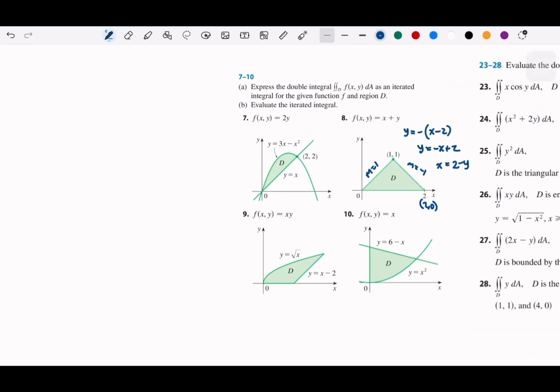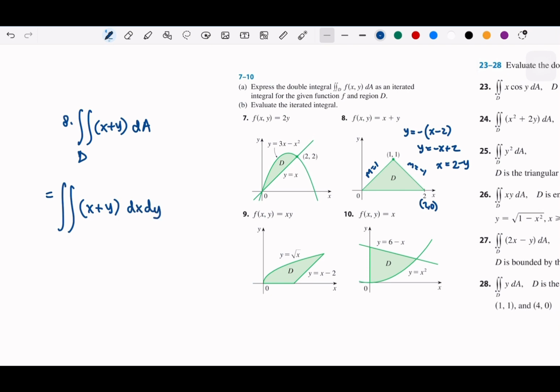So it should be written as the double integral of x plus y dA. Evaluating the outside will be dy, so dx dy.